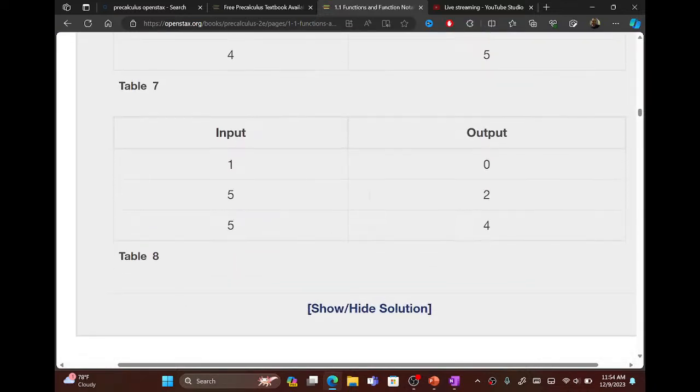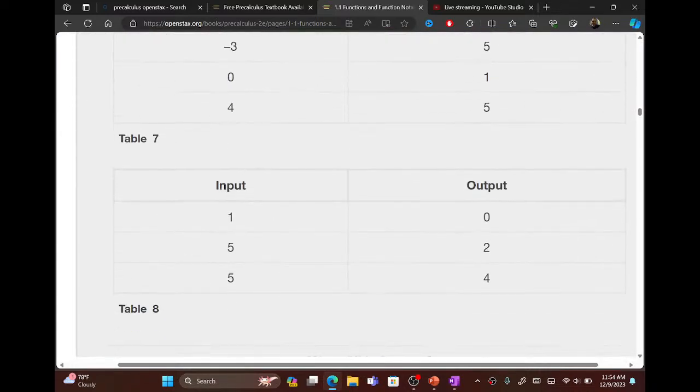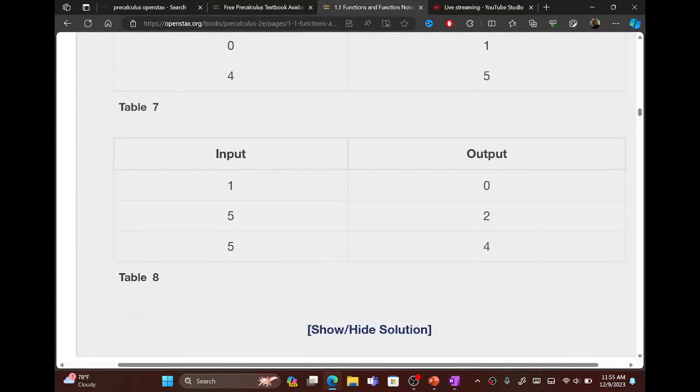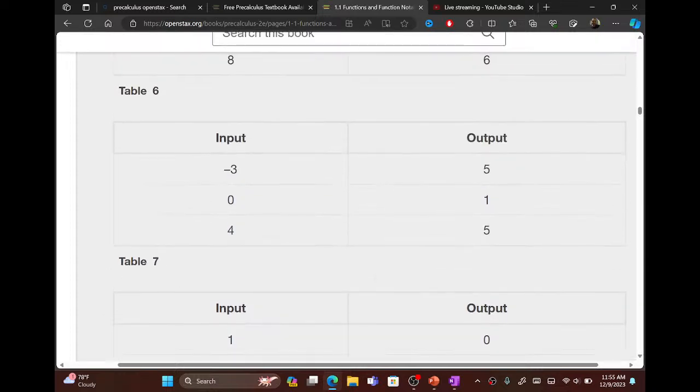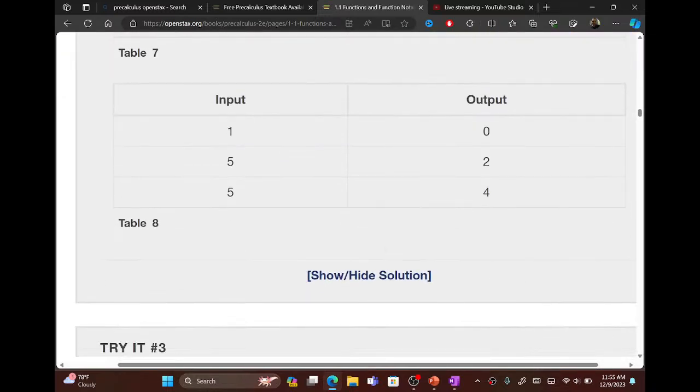Table 7 is a function. Table 6 is a function. Now let's look at table 8. If you look very carefully at your x values, there is a repeated x term, so this is not a function. Table 8 is not a function because the input is repeated. We can't have two outputs for one input.